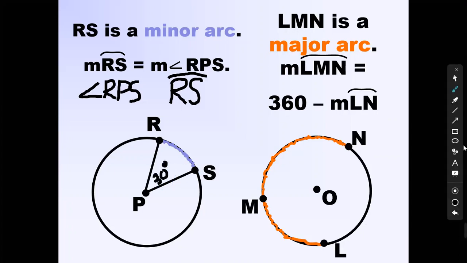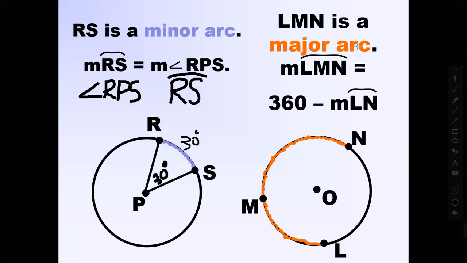If we say the arc is 30 degrees, then the arc is also 30 degrees. That means the central angle and its arc have the same degree. So if this is 30, this is 30. Or if the arc RS is 30, then the central angle RPS is also 30 degrees, exactly the same.